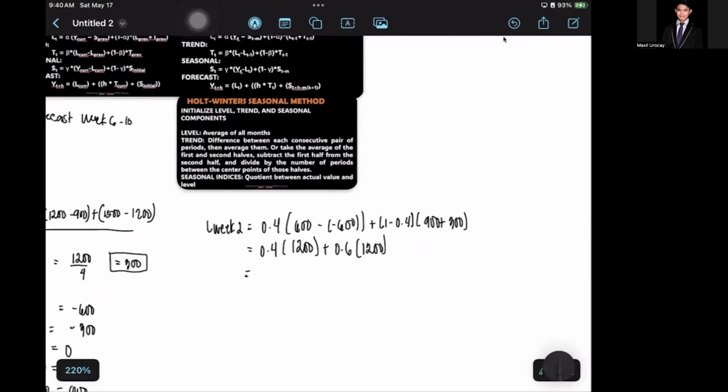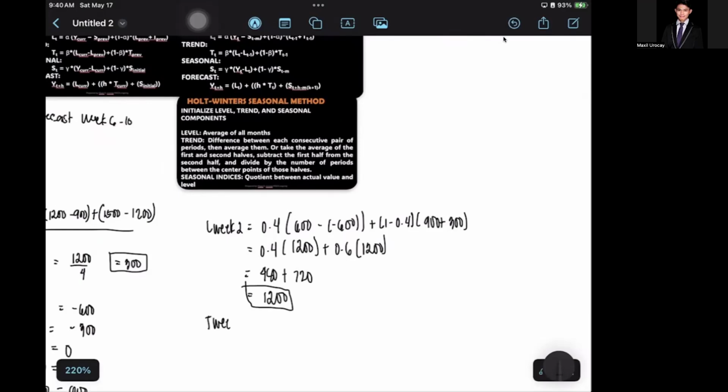And 0.4 times 1,200 will become 480. Then 0.6 times 1,200, it will become 720. Then adding that up to 480, it will become 1,200. So this will be the smoothed data for the level of week two, and we'll proceed to the trend.